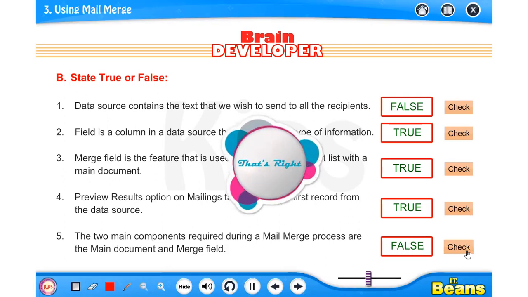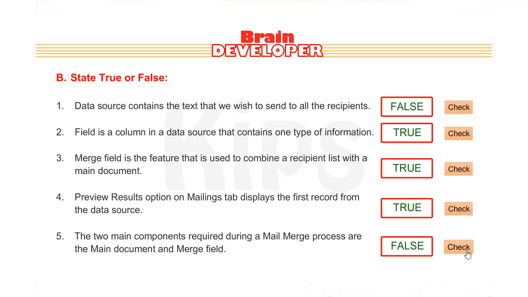It is false. Yes. Why is it false? Because the two main components required during a mail merge process are, one is the main document, up to here is correct, but the second one is data source. It is not merge field. So that's why this statement is false.